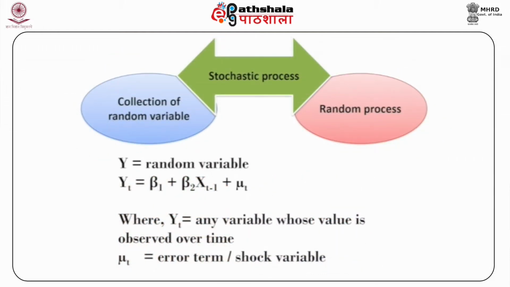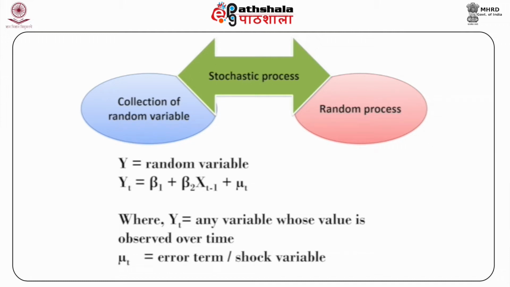Before looking at the classification of time series, let us see what is meant by the term stochastic process. Stochastic process is the collection of random variables observed during a period of time. It is also known as random process. For example, we assume y as a random variable.